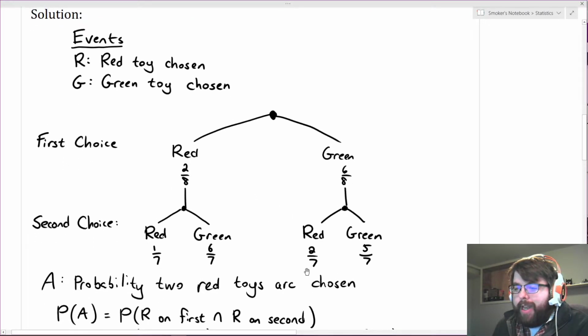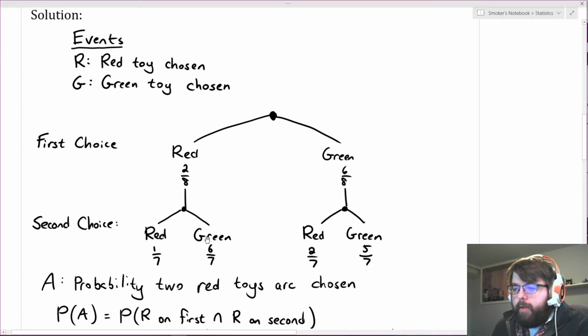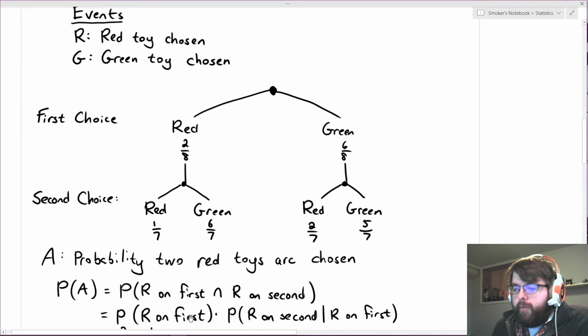What this looks like written out. So let's say A is the probability that 2 red toys are chosen, okay? So the probability of red on the first and red on the second will be the probability of red on the first, times the probability of red on the second given that there was a red on the first, okay? So you see what's happening here? We are saying, what is the probability of red on the first?